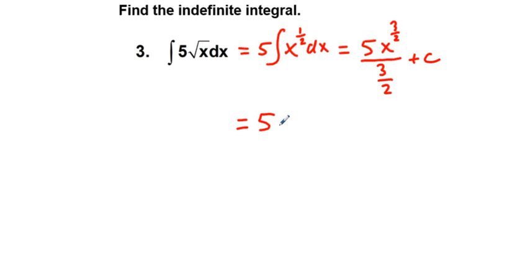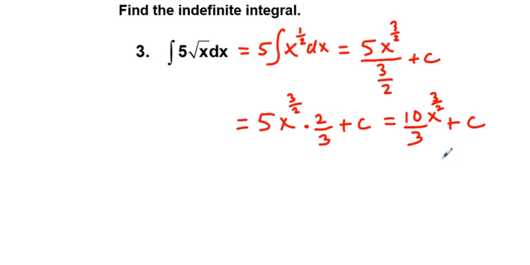So we have 5 x to the power of 3/2 divided by 3/2, and dividing by a fraction is the same as multiplying by its reciprocal, and we have plus c, which equals 5 times 2 is 10. So we have 10x to the 3/2 power over 3, and plus the constant of integration c.